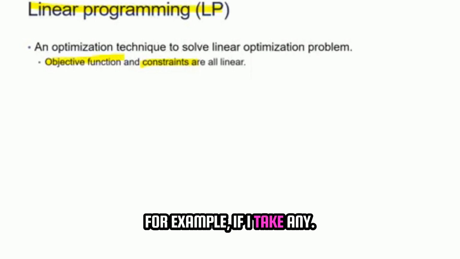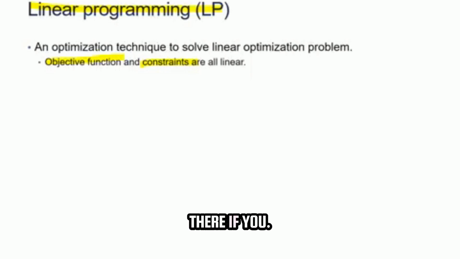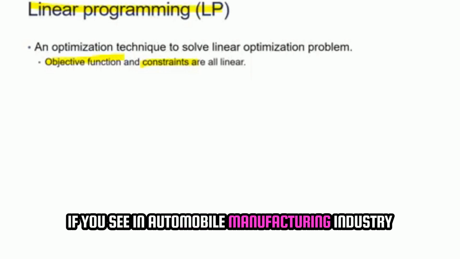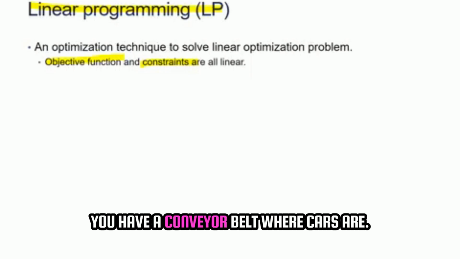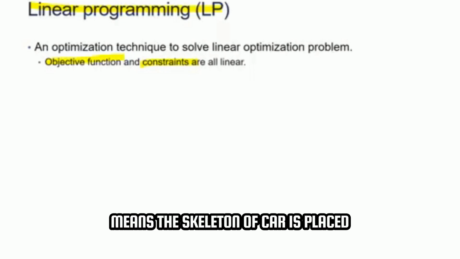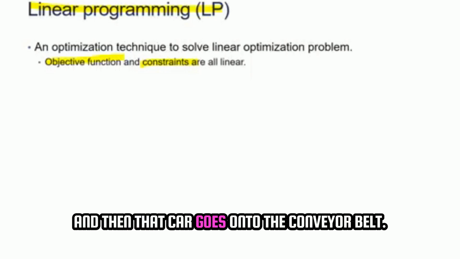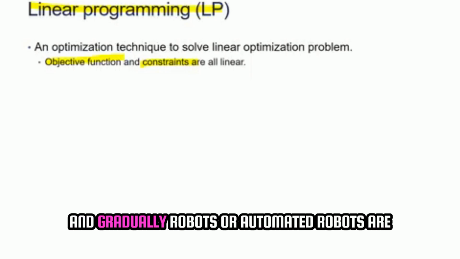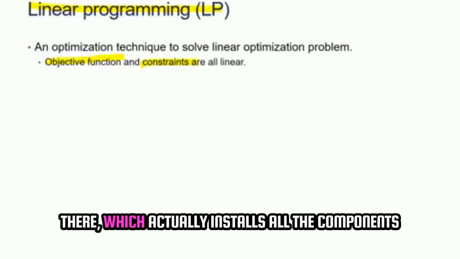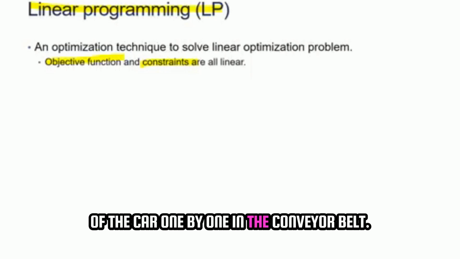For example, let's take any other problem, such as the car automobile manufacturing industry. There, you have a conveyor belt where the skeleton of a car is placed, and then that car goes onto the conveyor belt, and gradually automated robots install all the components of the car one by one.